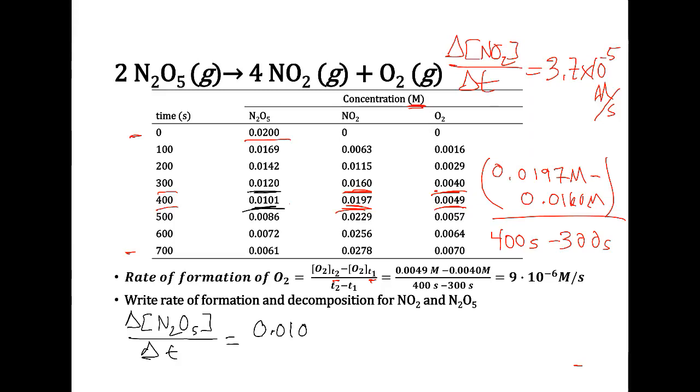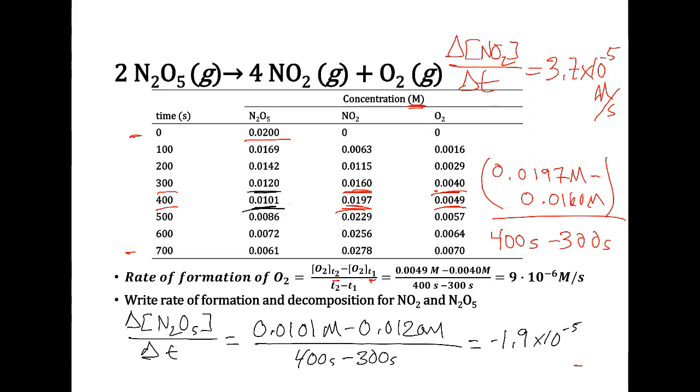So if we plug this in, it should look something like this. We should end up getting a rate of negative 1.9 times 10 to the negative 5th molarity per second.